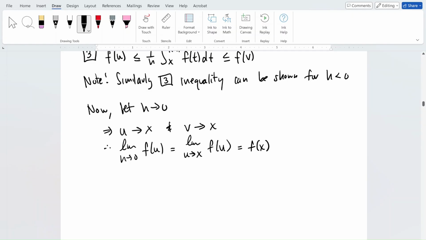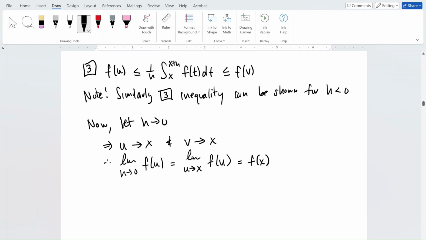Now, the same thing applies if I looked at the right-hand side of my inequality in number 3. So I'm taking f of v, but then I'm going to take the limit as h goes to 0, and that will be the same thing as taking the limit as v approaching x of f of v. And so when I do that, doing direct substitution here, I get f of x.